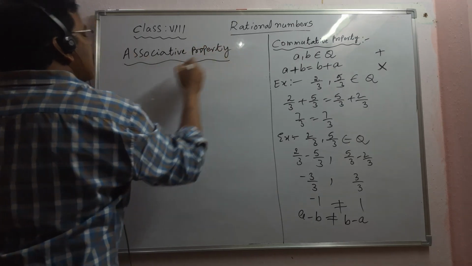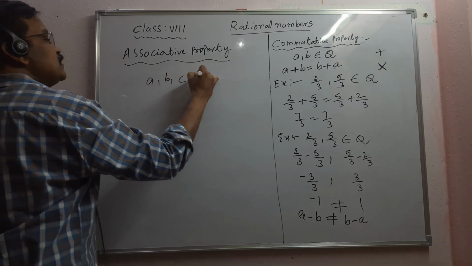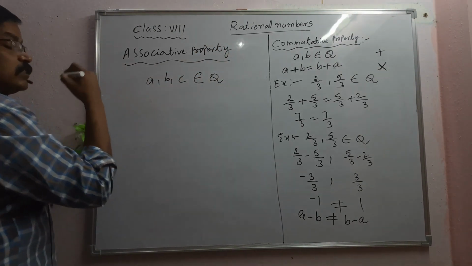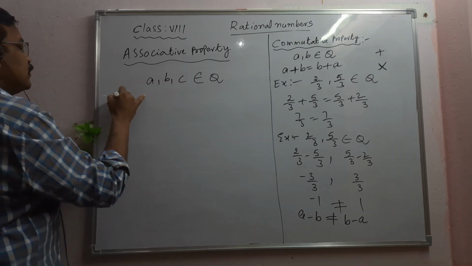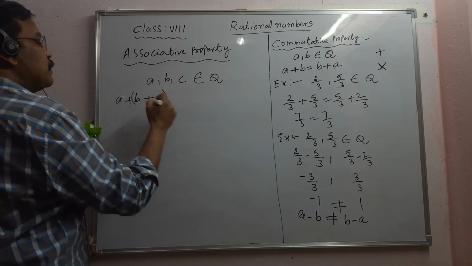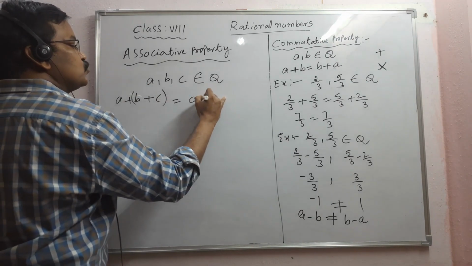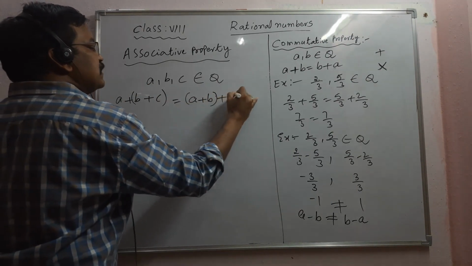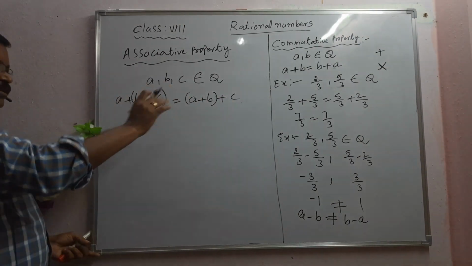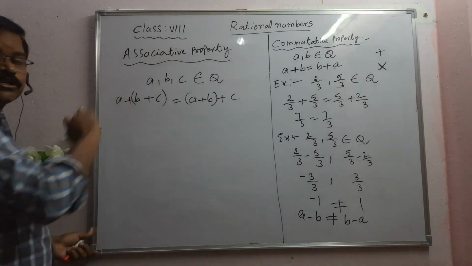What are they? a, b, c belong to Q. So here, with respect to addition, a plus b plus c, that means a plus (b plus c) is equal to (a plus b) plus c. If it satisfies this condition, then that is called associative property.